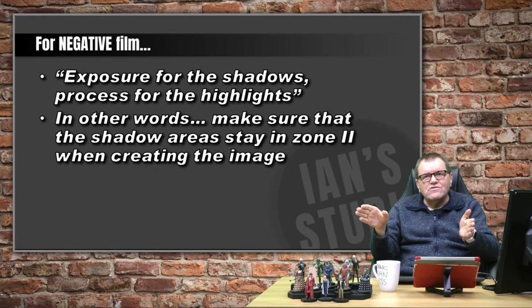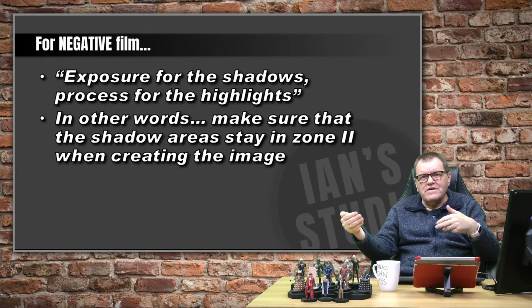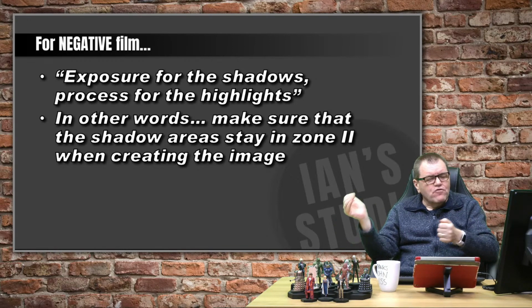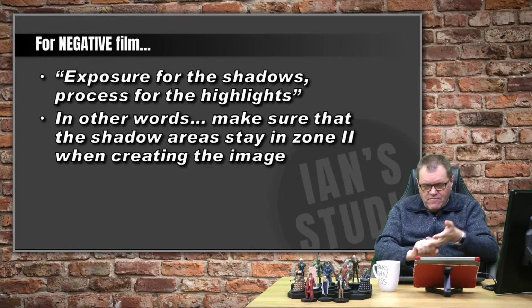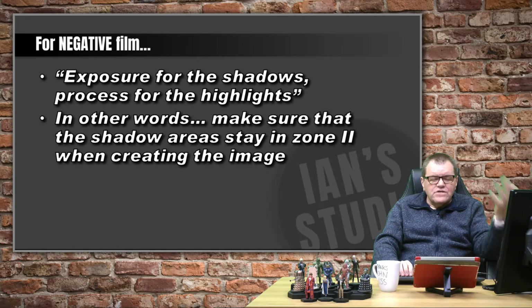Whereas the lighter areas are the darker bits of the negative, and there might be a range of how dark that is at that end. And so you can pull back information in the dark room when you're processing the film and when you're printing with it. So Ansel Adams always said, expose for the shadows, process for the highlights. So he chose his exposure based on how deep the shadows were.